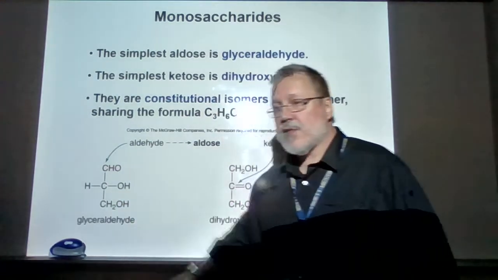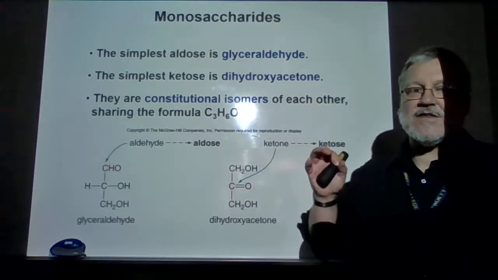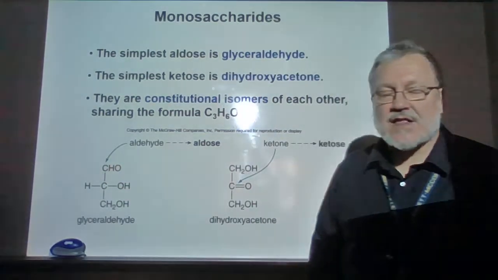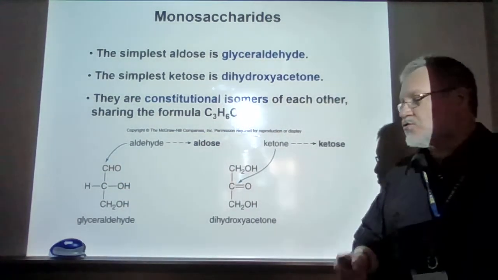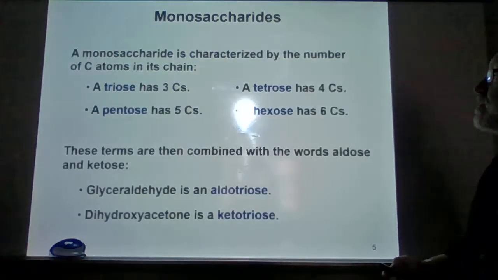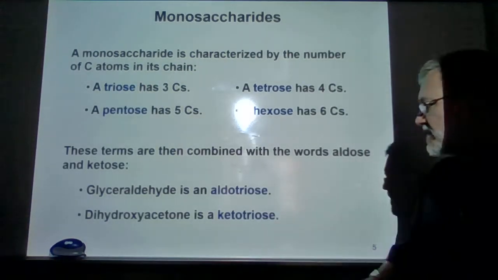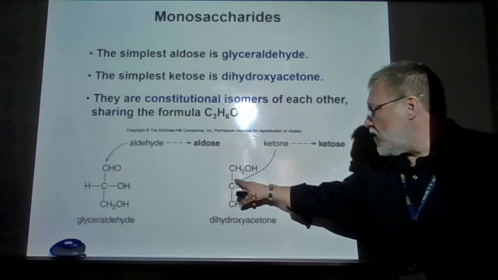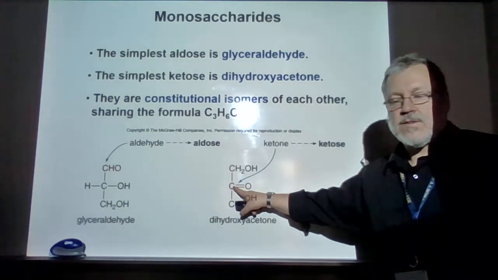Glyceraldehyde has 3 carbons in the monosaccharide chain. That makes it a triose. But since the C double bond O is at the first carbon, it is an aldotriose. Dihydroxyacetone is a ketotriose. Keto, the carbonyl is at C2.